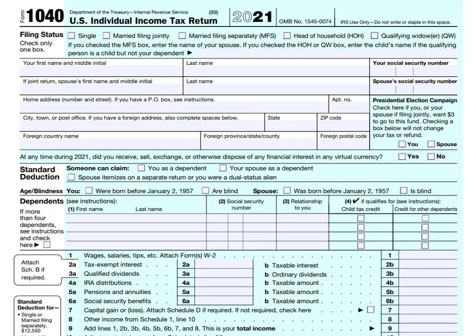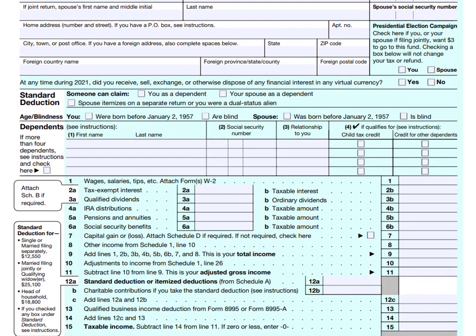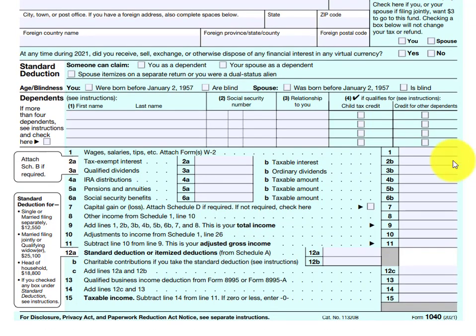So this is a PDF version of the 1040 for 2021. Information at the top about the taxpayer, people involved, that sort of thing. And then, as we talked about, it supports that tax formula. You start to list your income.